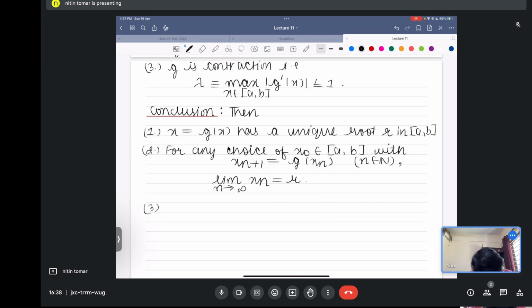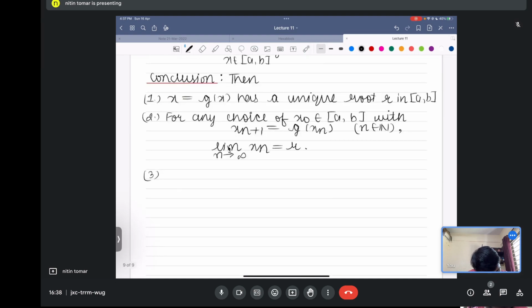Third is that we further have that mod of x_n minus R is less than lambda^n mod x naught minus R, which is further less than or equal to lambda^n by 1 minus lambda mod of x1 minus x naught.